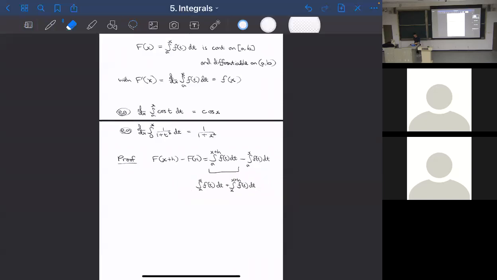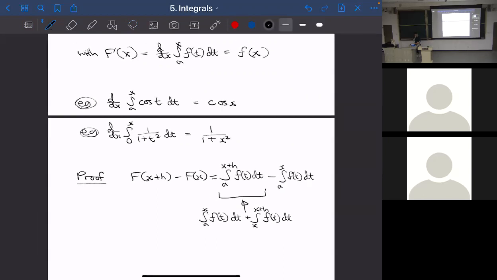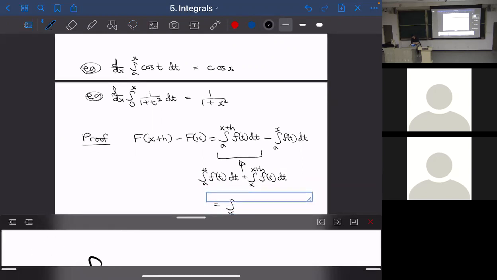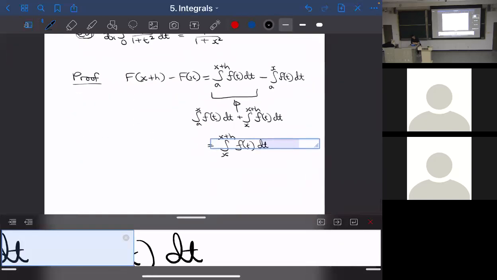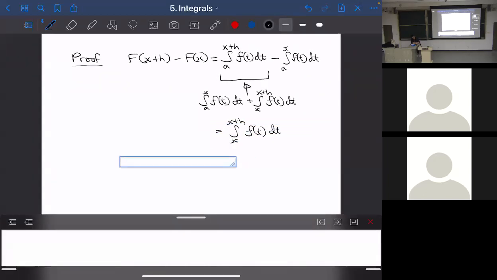So this sum gives that integral. And so there's a cancellation here. So this equals the integral from x to x plus h.